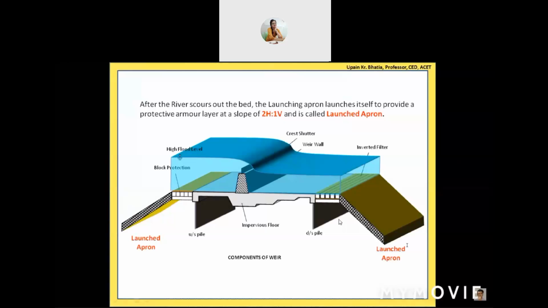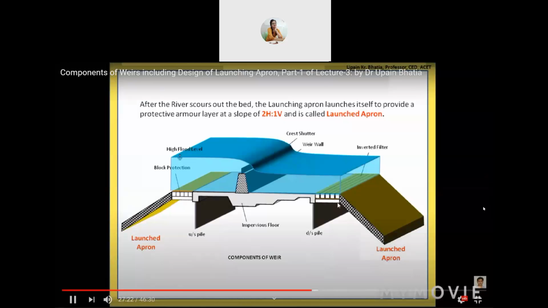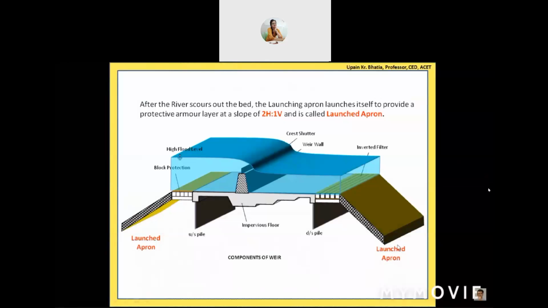That means whatever is the depth up to which the riverbed has scoured out, twice that depth will be the horizontal length. So it will be sloping at this slope, 2 horizontal to 1 vertical. So we have to design this launched apron, or the launching apron, so that in the eventuality of a flood, it will launch itself into this slope.